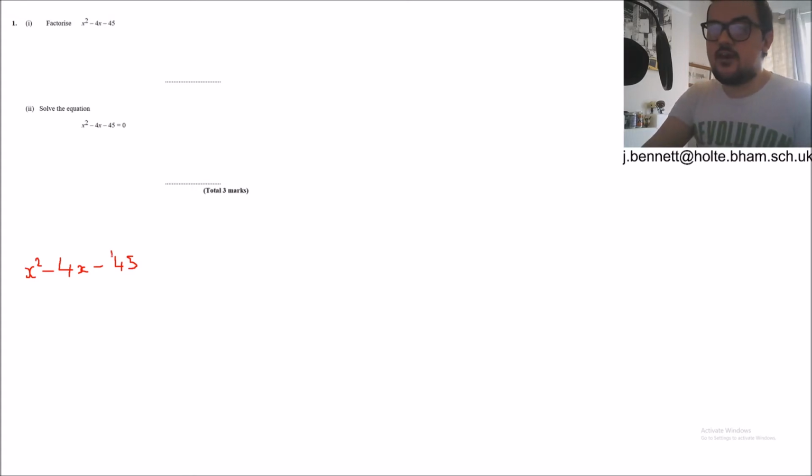So this 45 means you want two numbers that multiply together to get 45. Because when you have your factorisation finished, you have something that looks a bit like this. You have x minus a, where a is a number. You have x minus b, where b is a number. And when you expand this, you have x squared.